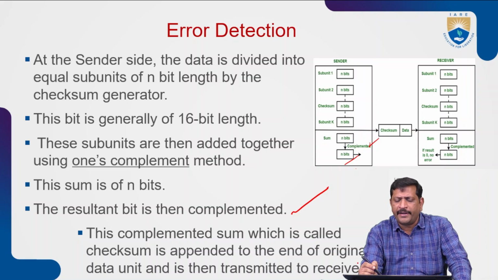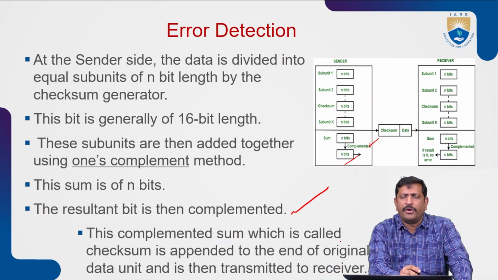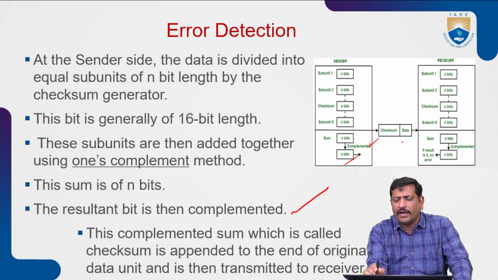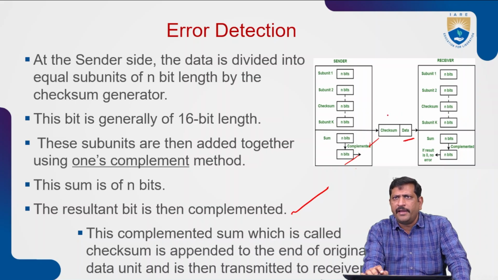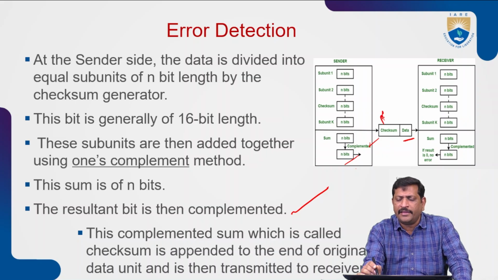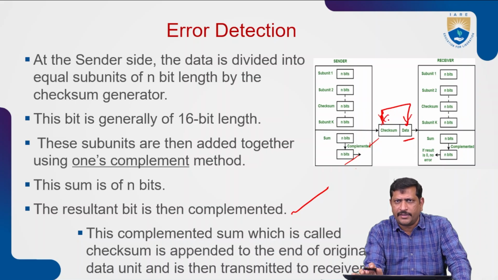It is appended to the end of the original data, and by adding the checksum to the original data, it can be transmitted to the receiver.